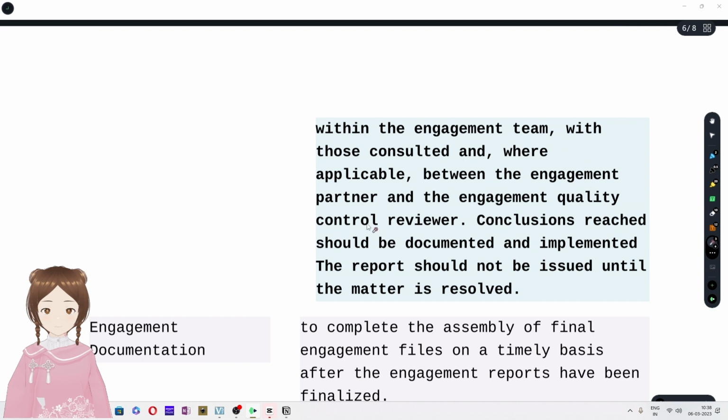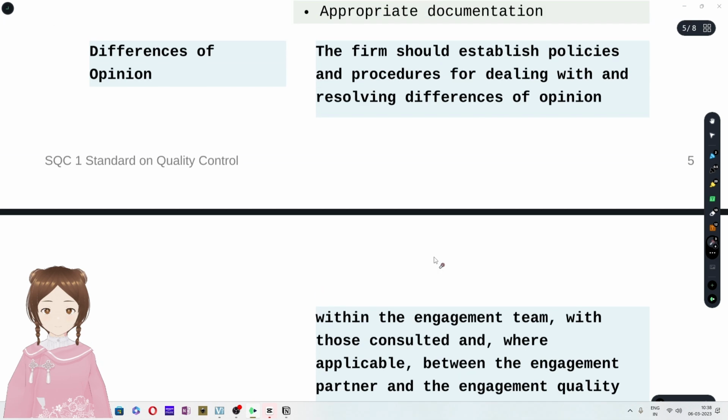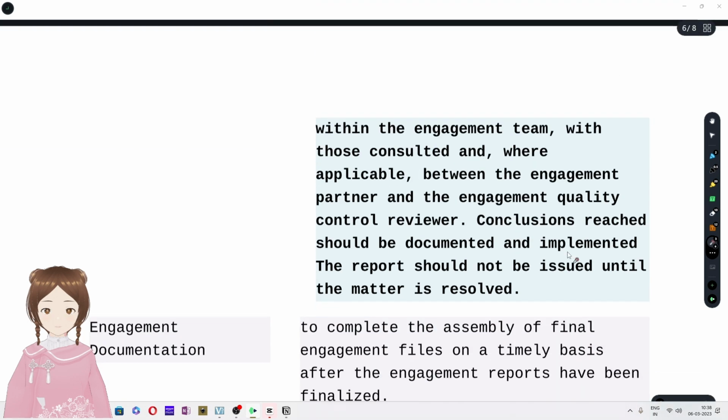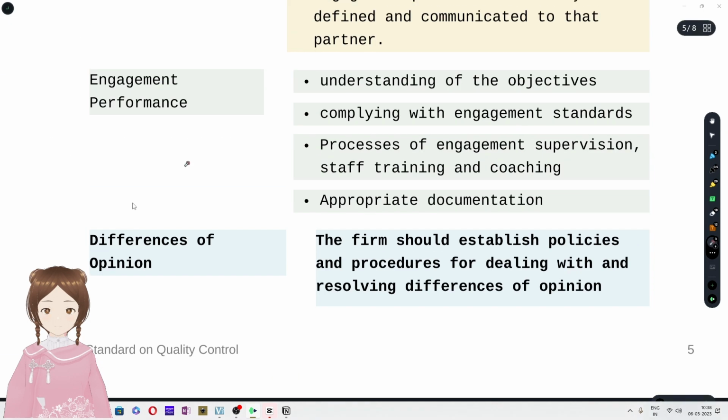Even if the differences were with the engagement quality control reviewer, until conclusions are reached, you should not issue the report. There were a few options like, since the engagement partner is of higher authority or has ultimate responsibility, he can issue whatever he wants. No, until the conclusions are reached, he should not issue the audit report. It's mostly tested in case-based MCQs.